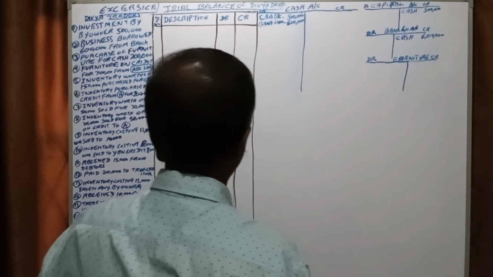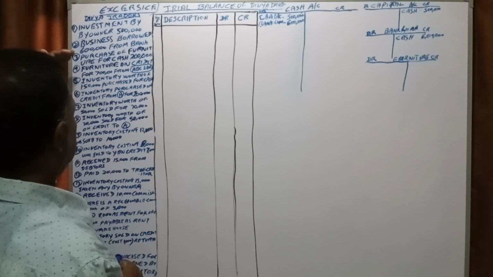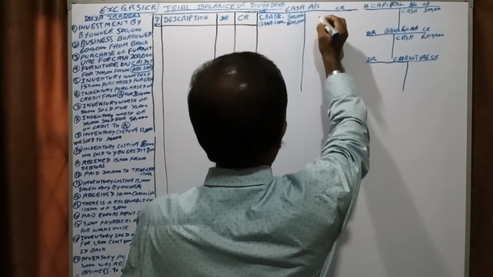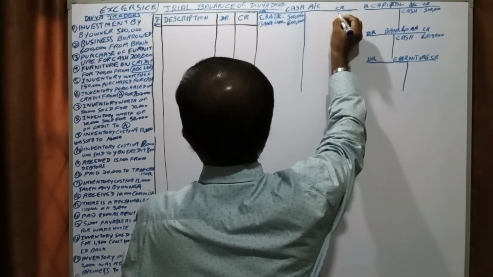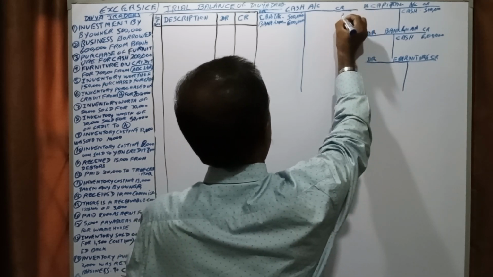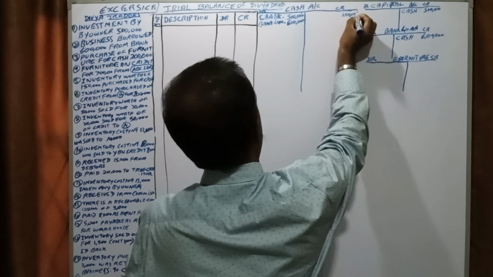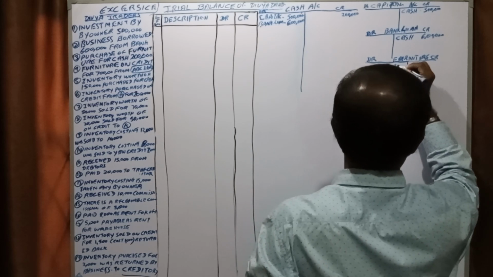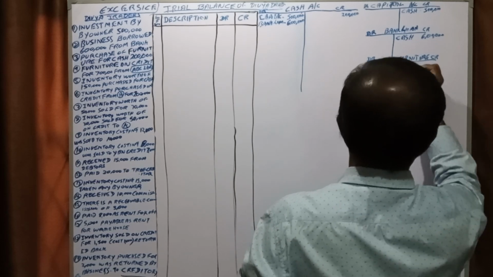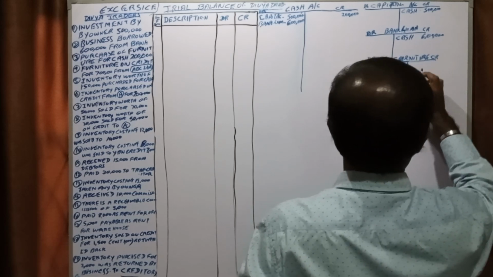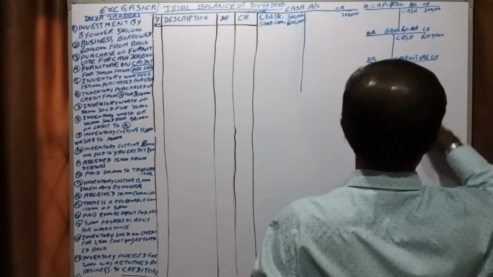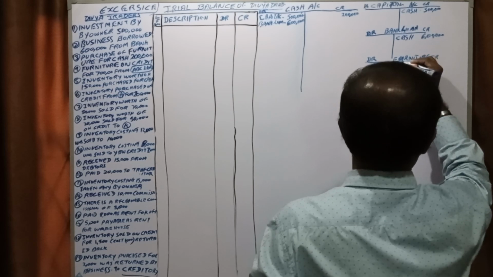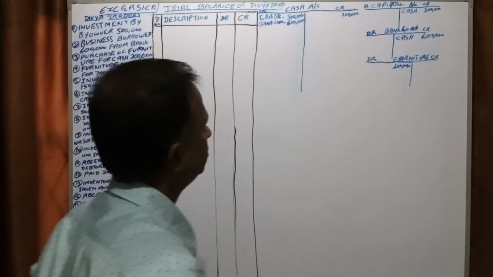Purchase of furniture means the cash account is credited 200,000, and the furniture account is debited 200,000.